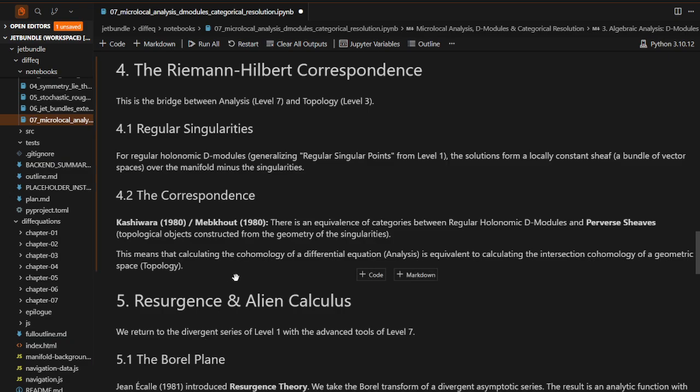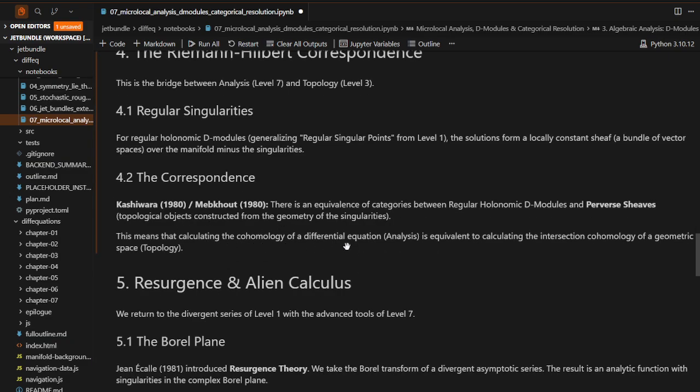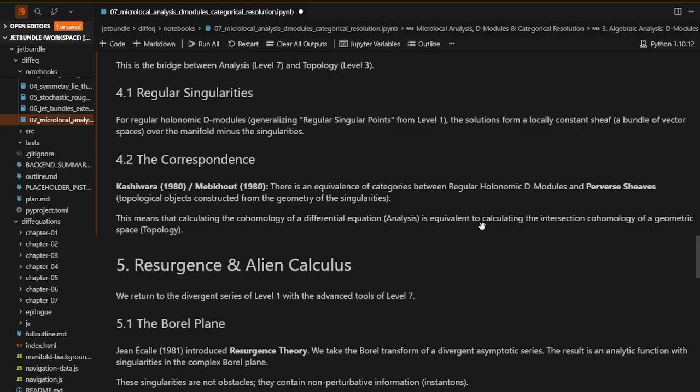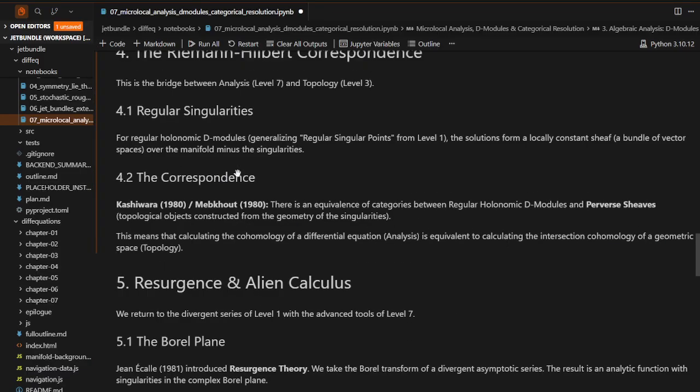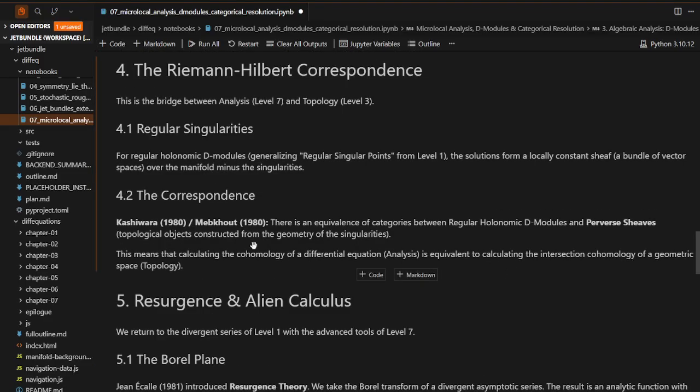And what this allows us to do is say that if we calculate the cohomology of a differential equation with analysis, this is equivalent to calculating the intersection cohomology of a geometric space in topology, so they're kind of equivalent. And this is the correspondence that was discovered in 1980.